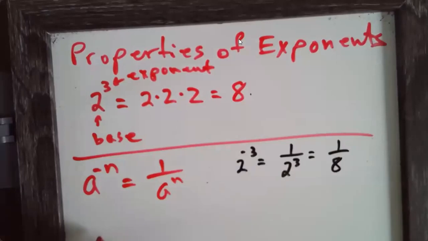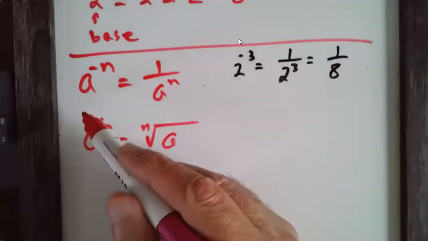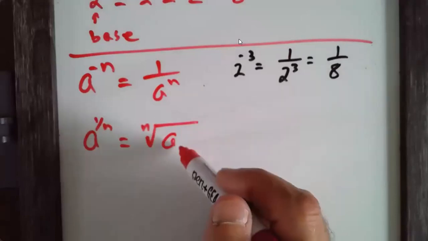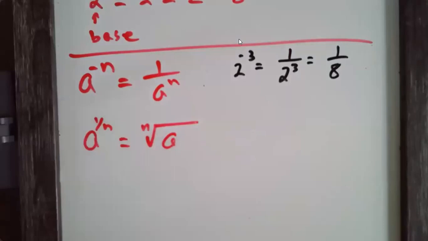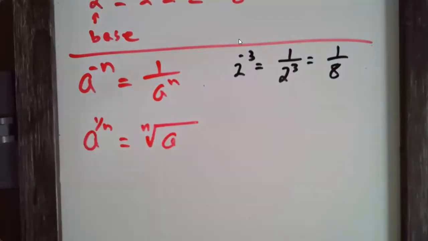Next, we have a to the 1 over n. And that makes it a radical expression. So a to the 1 over n is the nth root of a. Normally, when we don't see the number here, that's square, meaning square root.